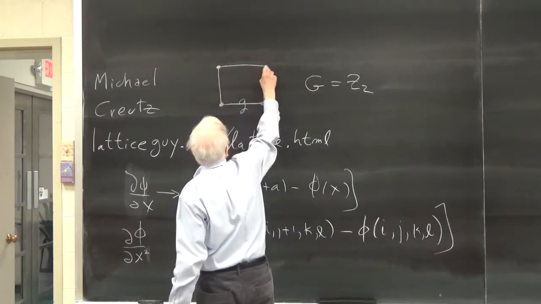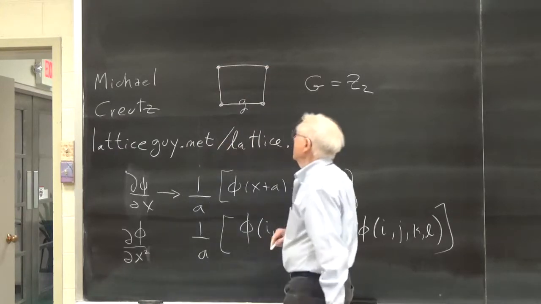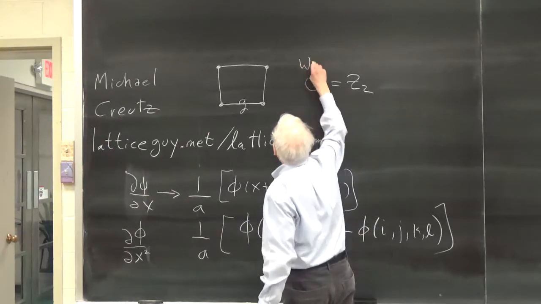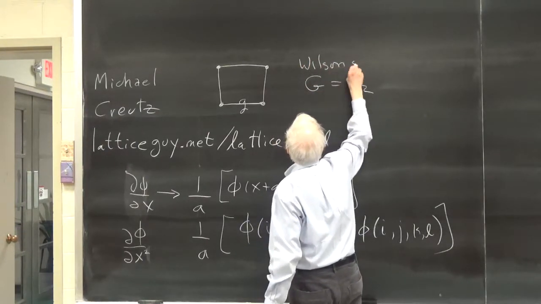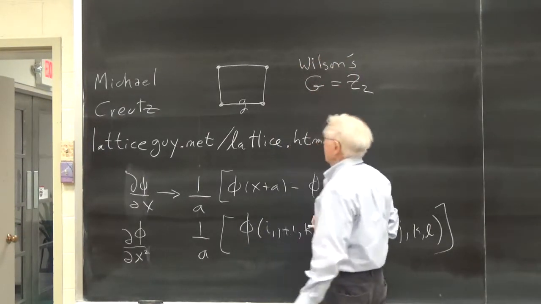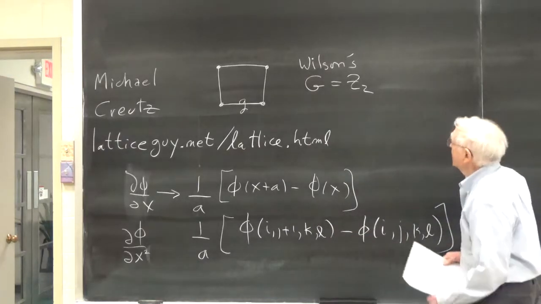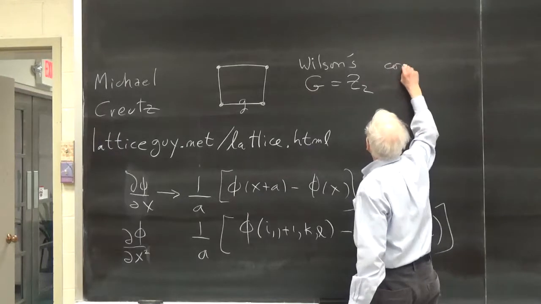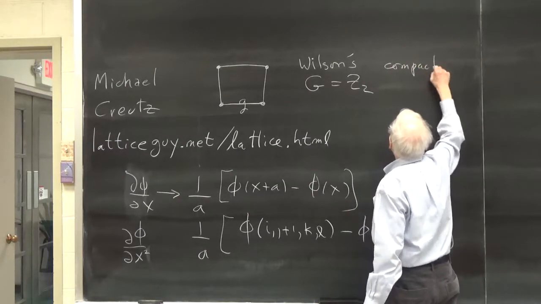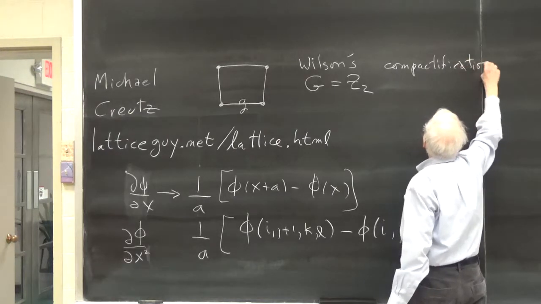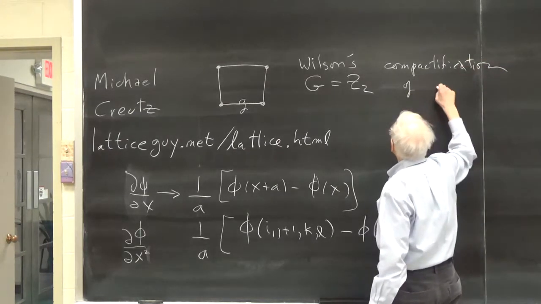Now this is Wilson's idealization or compactification of a gauge theory.